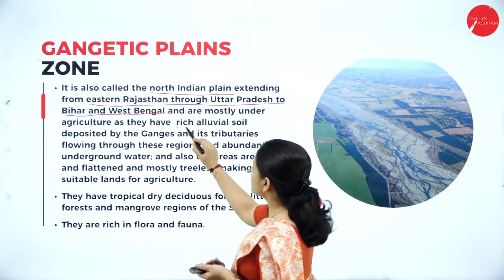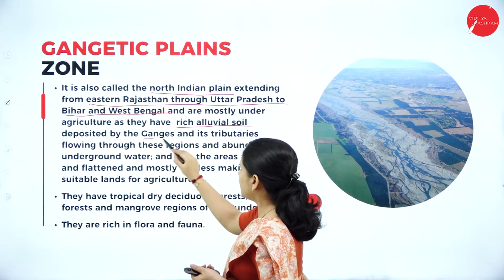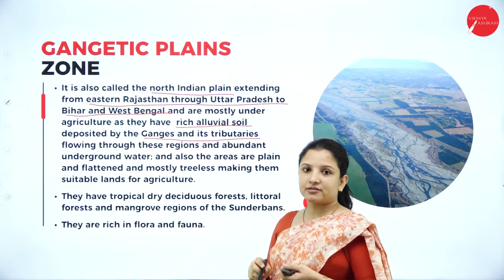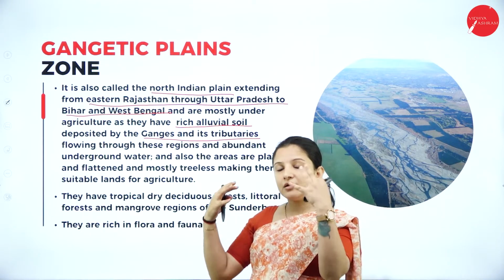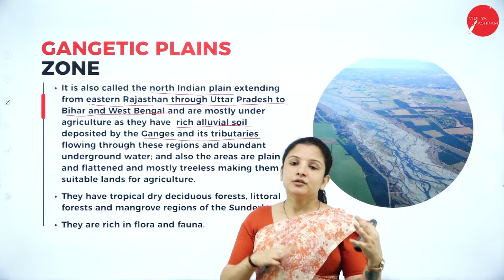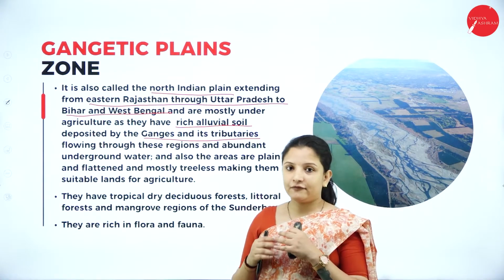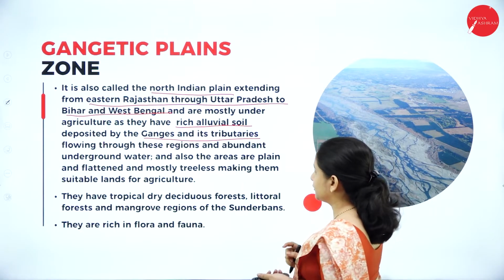They have rich alluvial soil which is deposited by the Ganges river and its tributaries flowing in these areas. Those rivers bring down good alluvial soil and deposit it on their banks. Therefore, it is a very good land for agriculture, and agriculture is more in this Gangetic Plain zone.